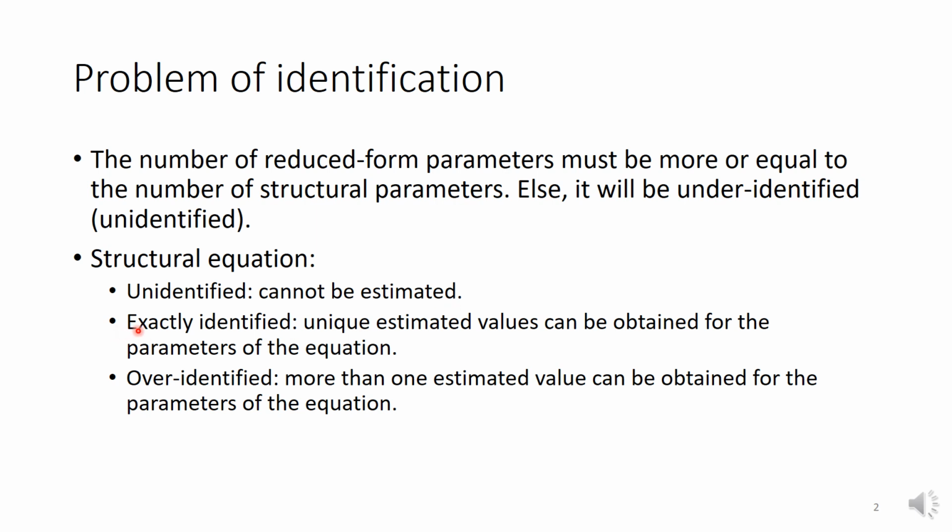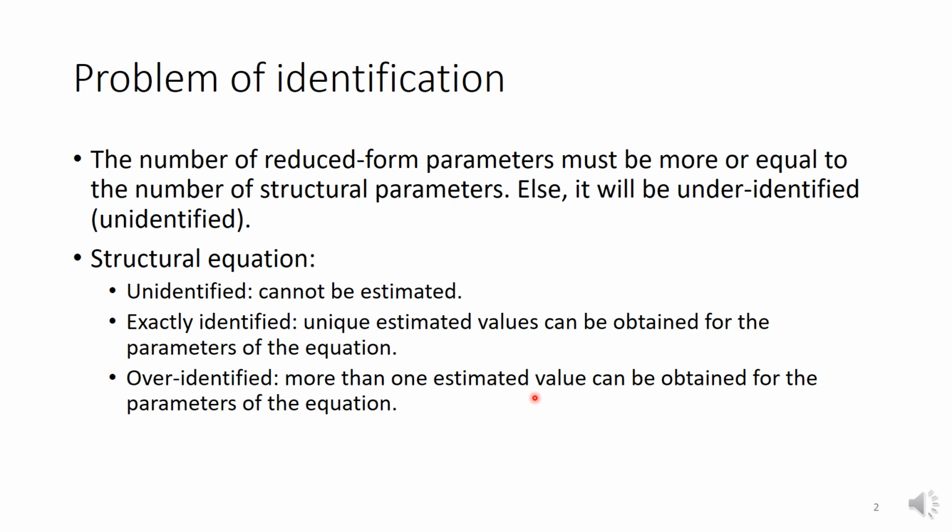If it is exactly identified, then you can get unique estimated values for the parameters of the equation. If it is over-identified, technically you can actually have more than one estimated value for the parameters of the equation.